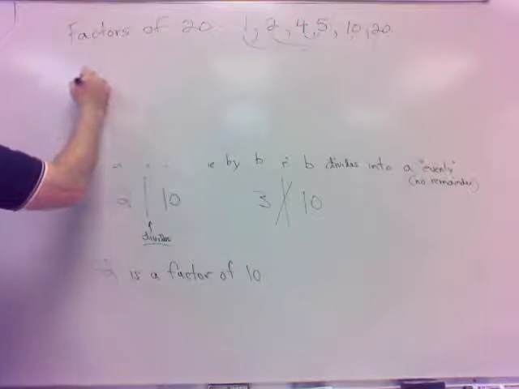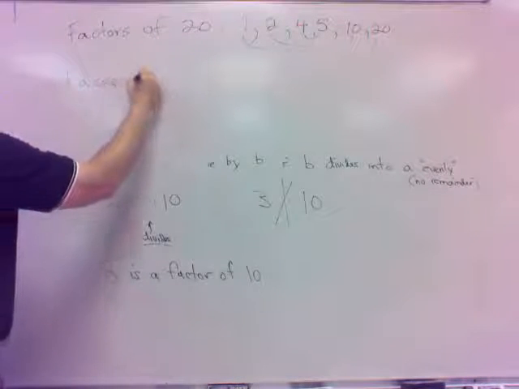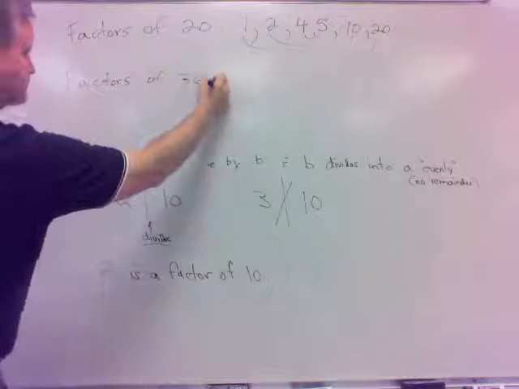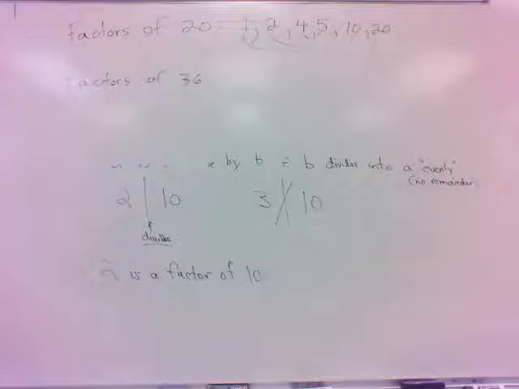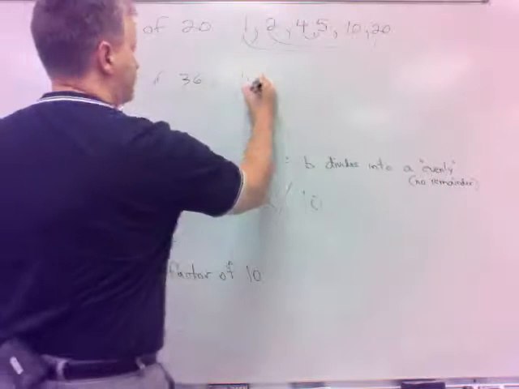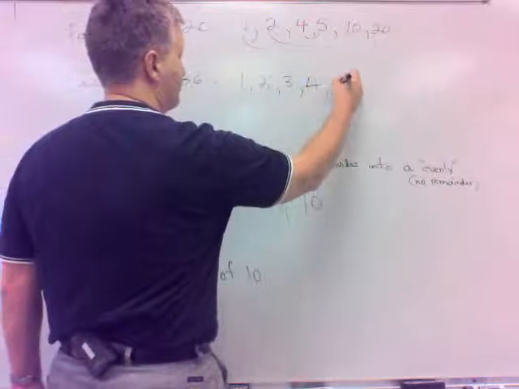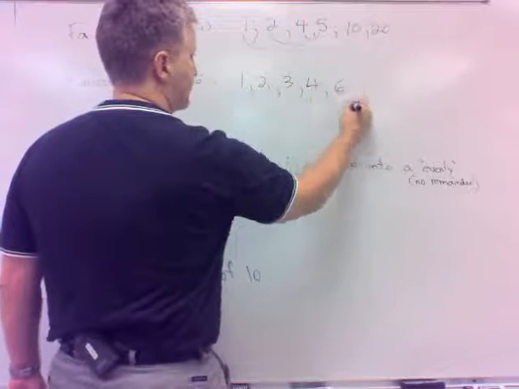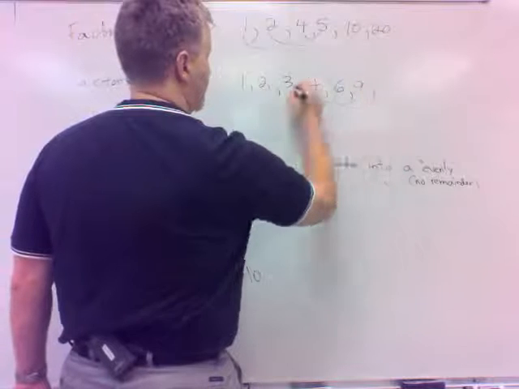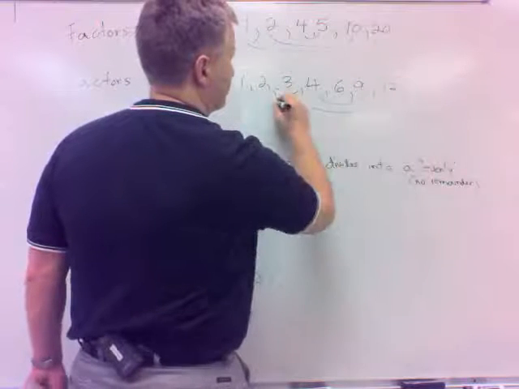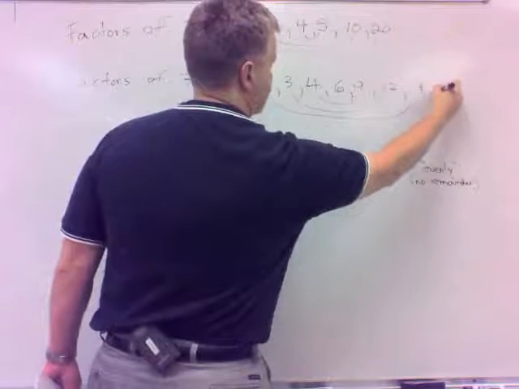All right, do the same thing here with 36. 1's a factor, 2's a factor, 3 is, 4 is, 5 isn't, 6 is, and then I can just start pairing off, because then it's 9, 12, 18, and 36.